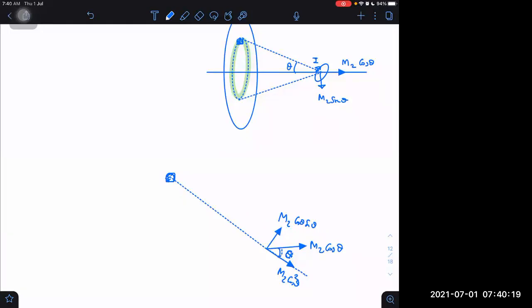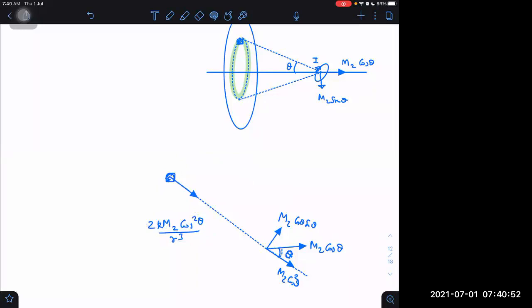Due to m2 cos square theta, the field along horizontal will be 2k m2 cos square theta by r cube. That is the field due to this. And the direction of that field will be this side only. Same side, right? Axial field will be in the same direction.